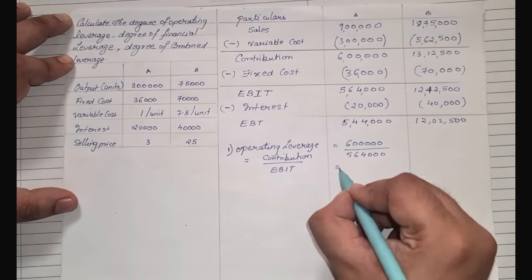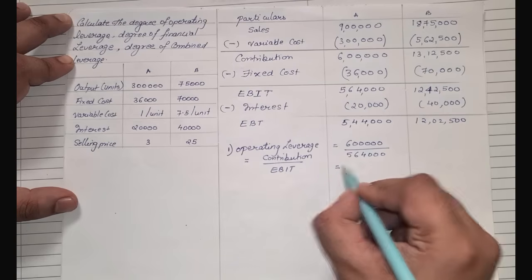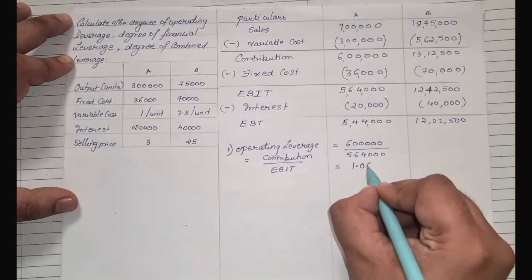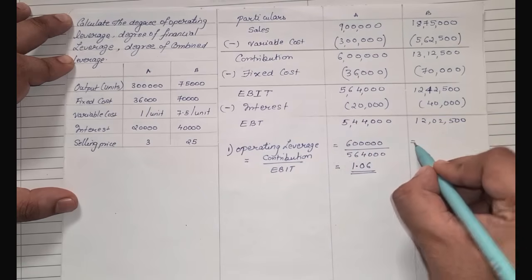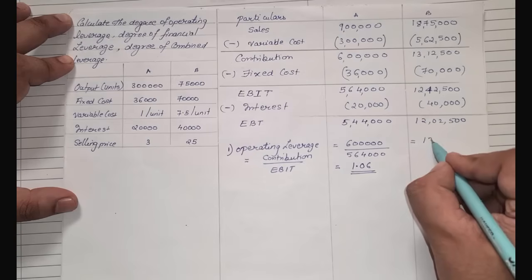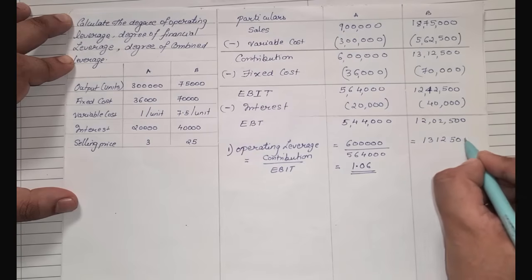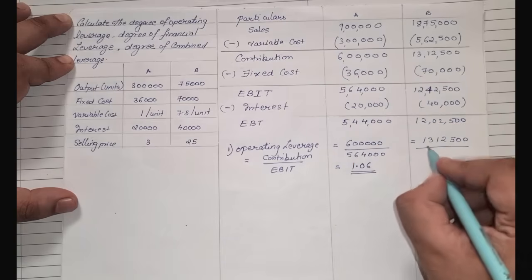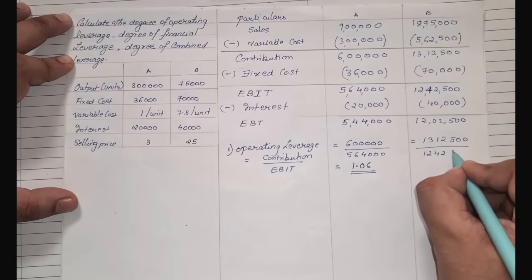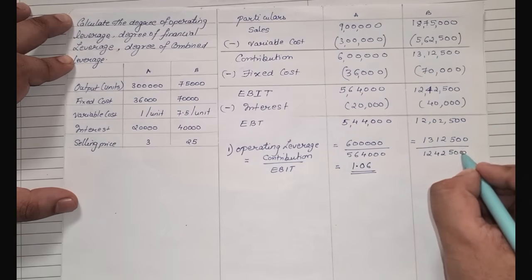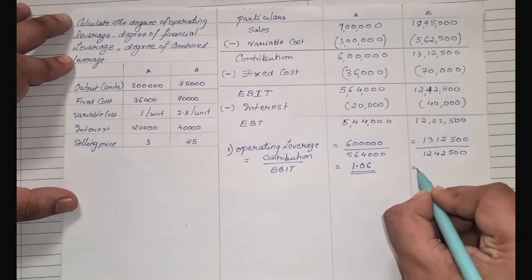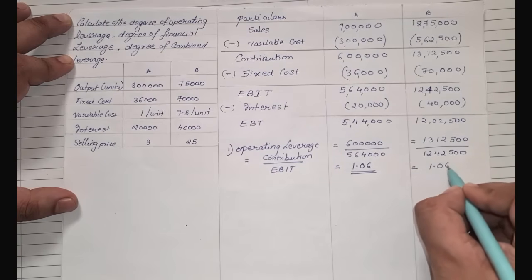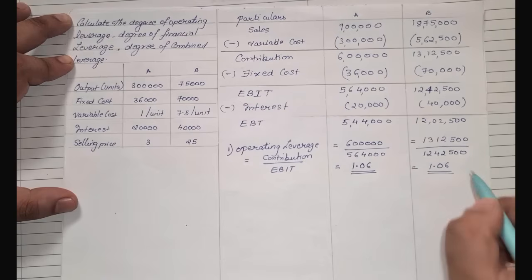When you divide, we get our first answer of operating leverage as 1.06. Similarly, for company B, our contribution was 13,12,500 and our EBIT was 12,42,500. When we divided, our value of operating leverage here was also similar, 1.06. That's the first formula.